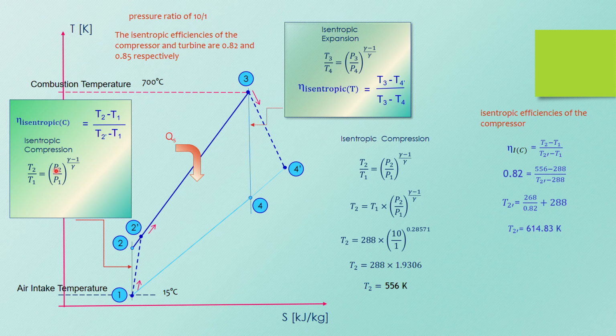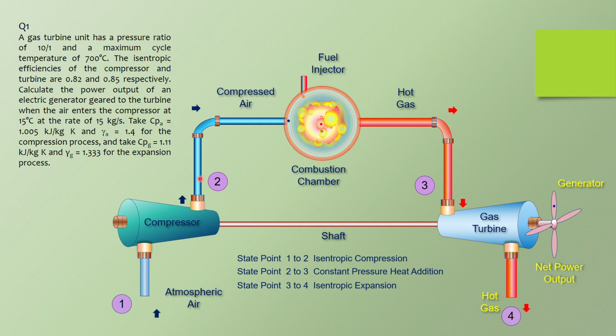I have explained to you earlier that when you refer to this diagram, you have to split it into an air part and a gas part for any open gas turbine unit. For a closed gas turbine unit, you have the same working fluid flowing throughout the entire cycle.